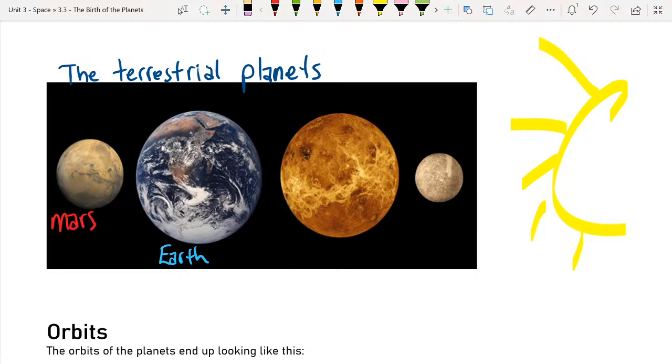Venus. Very good. Earth's little sister. And then this chaotic, extremely hot, close to the sun, nutso planet is Mercury. So those are the terrestrial planets: Mars, Earth, Venus, and Mercury. And they are closest to the sun.